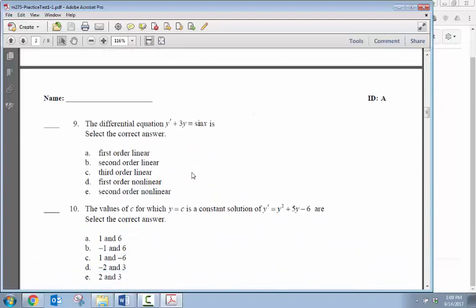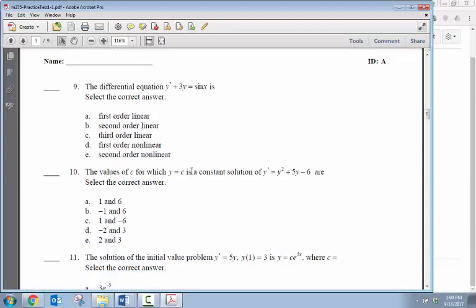I think this mimics some of the problems that will be on the test, but to get the feel for the actual test, you probably want to go a little deeper. Like for this one, this is first order, nonlinear, but it's a first order differential equation, which you should be able to solve.